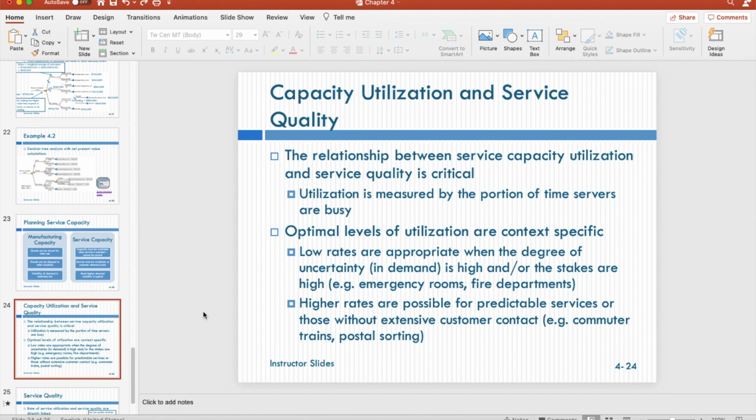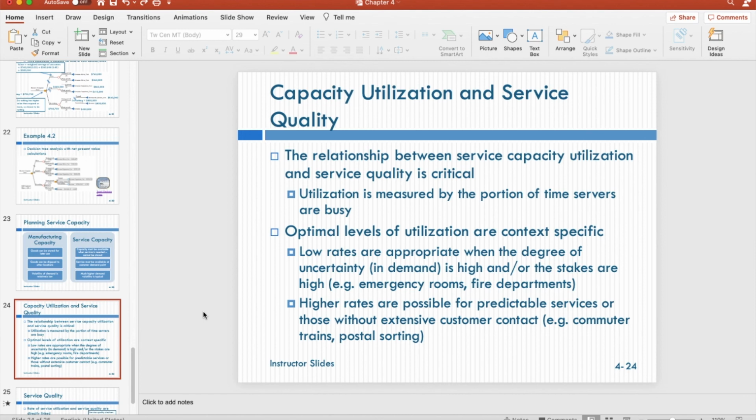Everything is just following a specific method, following specific steps. But in the service type of industry, let's say your capacity is 100%, and the utilization rate is around 90%, it may negatively impact the service quality.